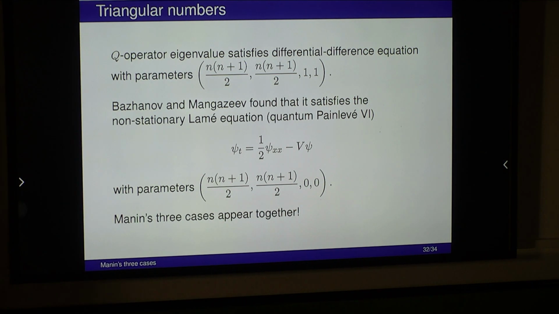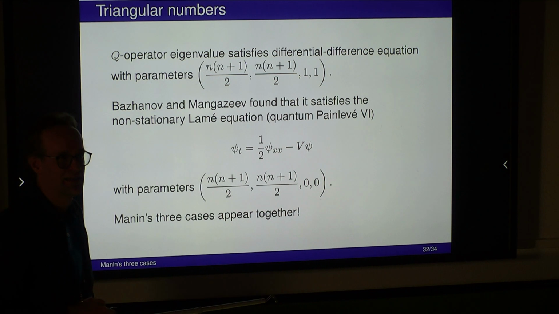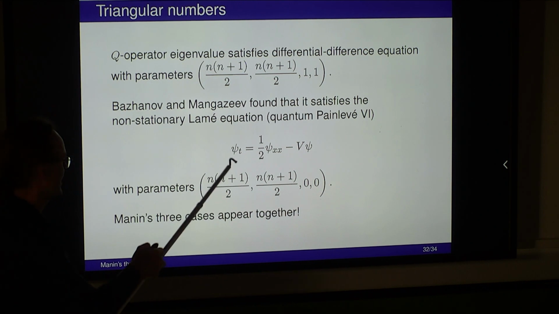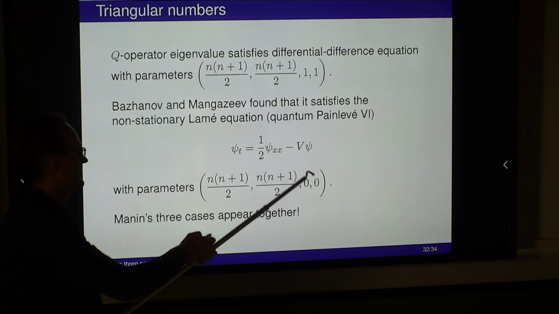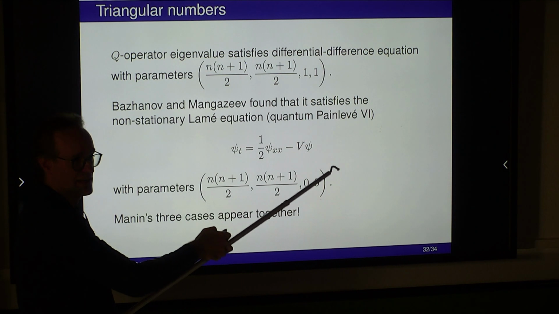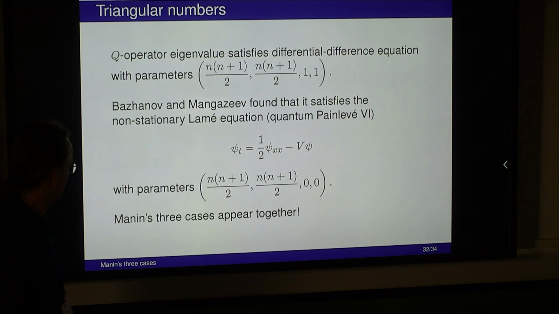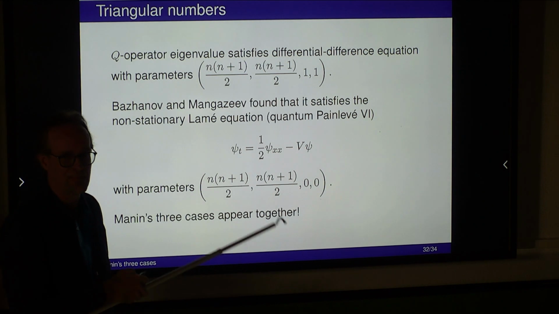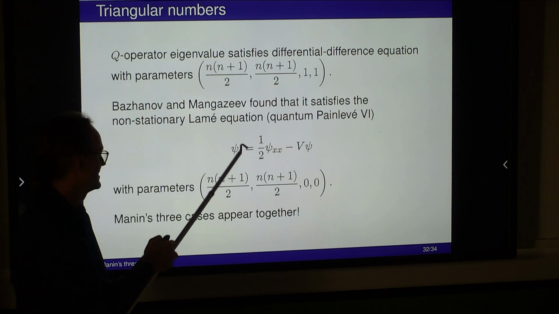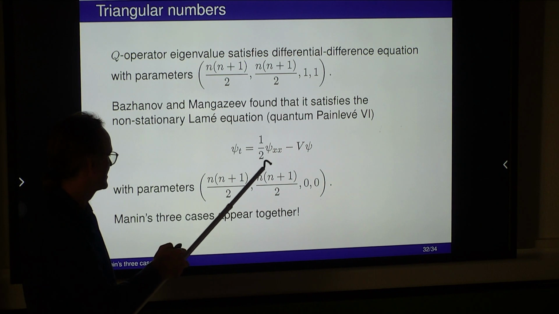And we could also mention here that Bazhanov and Mangazeev found what they call the non-stationary Lamé equation. Some people call it quantum Painlevé 6 because, if you think of this T as imaginary, this is like a Schrödinger equation and you have the same potential as for Painlevé 6. So the Q operator eigenvalue multiplied by something nice satisfies this type of differential equation.